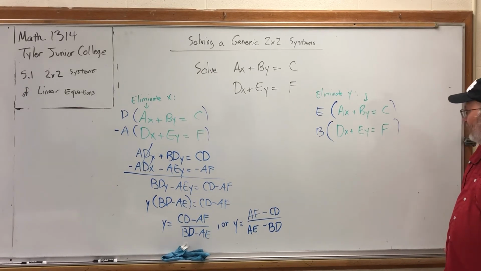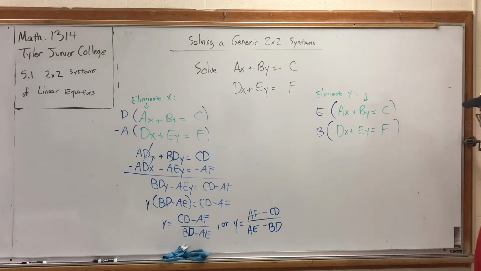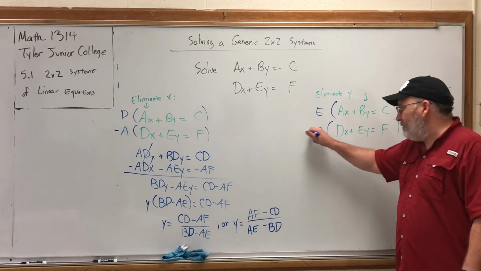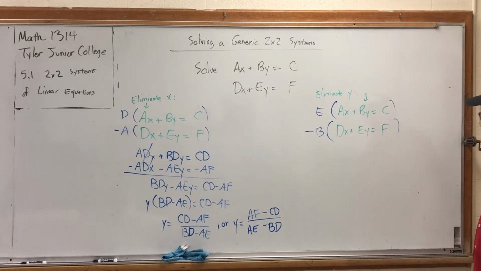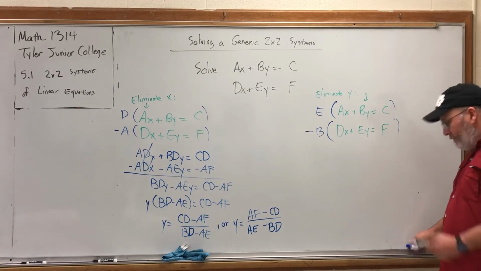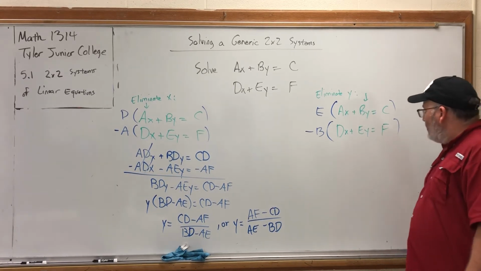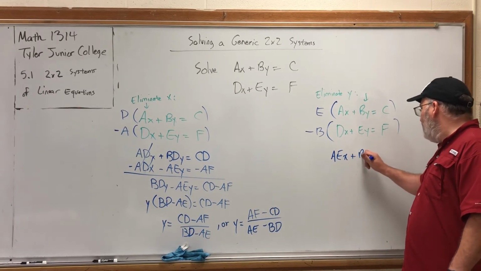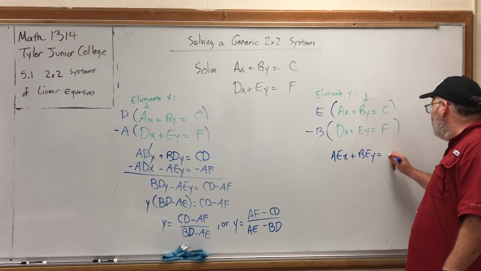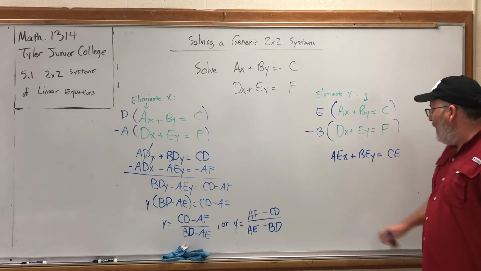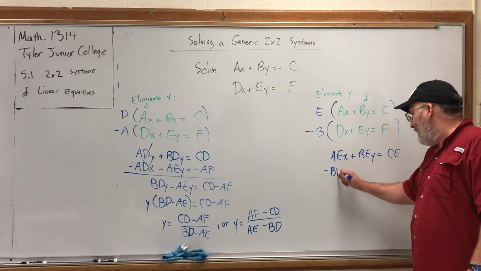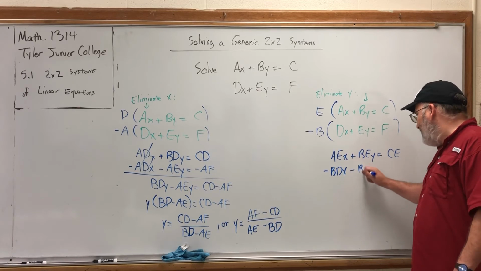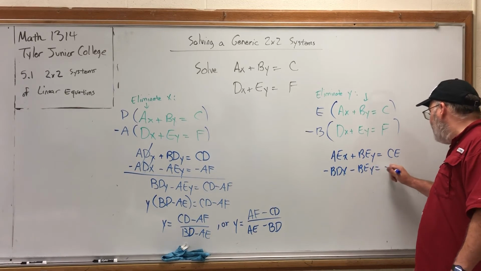I'm not sure which of these I want. Let's make the bottom one negative. Yeah, the bottom one negative is what I want. That would give us on the top aex plus bey is equal to ce, and on the bottom we would get negative bdx minus bey equals negative bf.